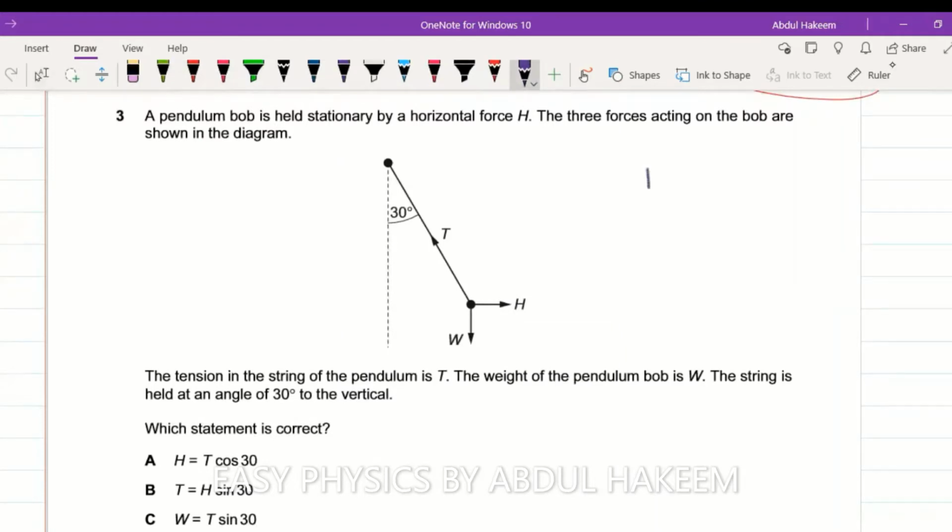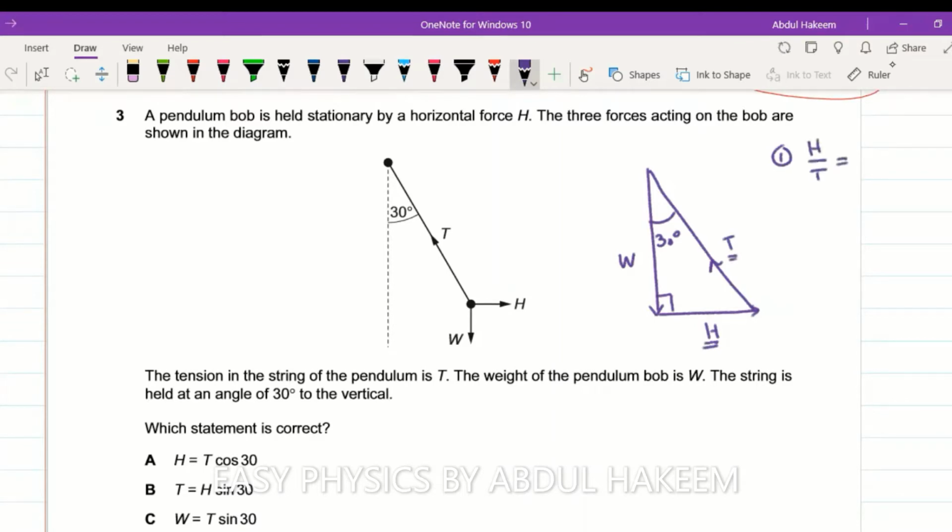So by drawing, this is weight. This is horizontal force. And this line in this direction is tension, and this angle is 30 degrees. So it's a right angle triangle. Now the first possible expression is perpendicular over hypotenuse, meaning H divided by T is equal to sine 30 degrees.